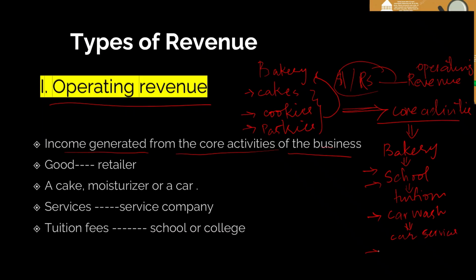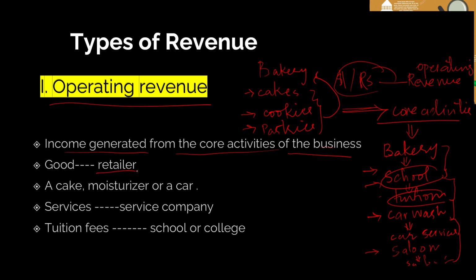If you hear about any salon, you understand that they are going to deliver salon services, right? So each of them has a very clear purpose of the business, and the service or product they are providing is going to generate the operating revenue, because these are the core activities of the business.